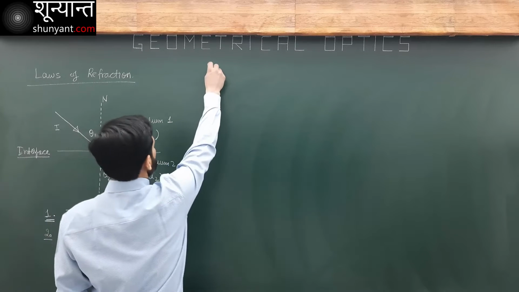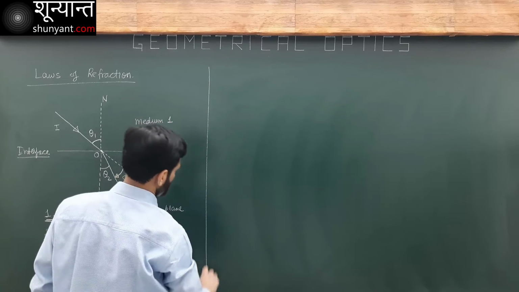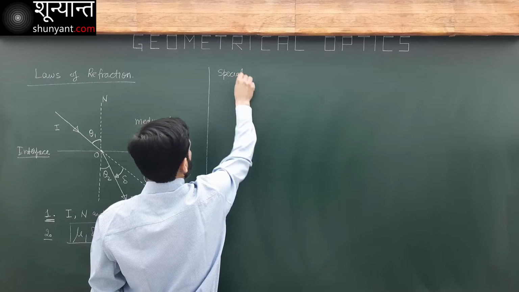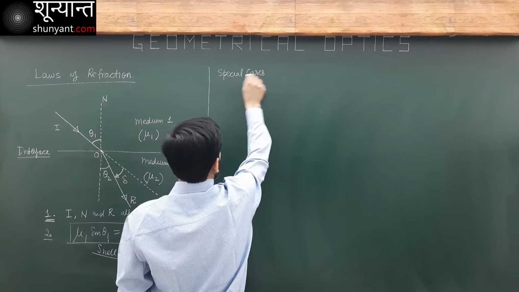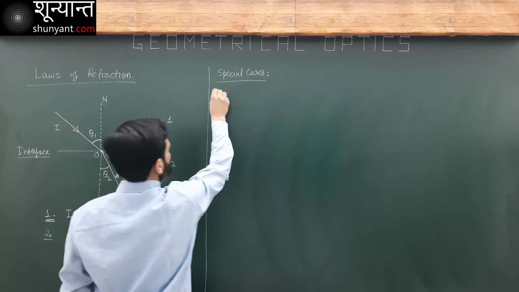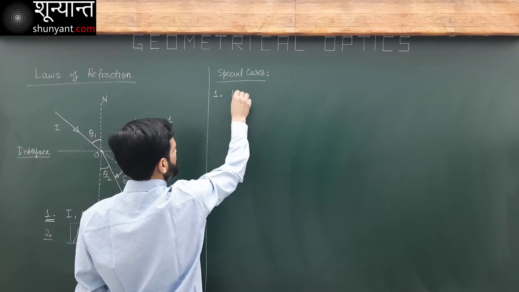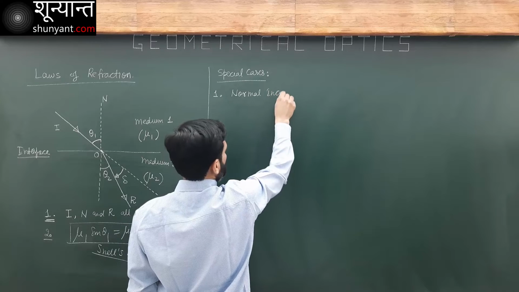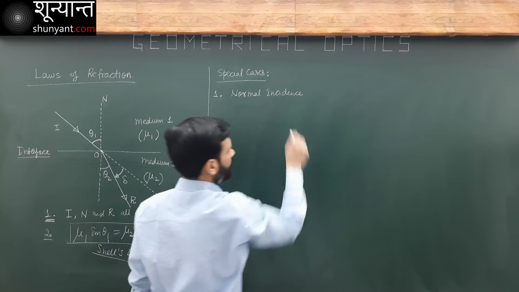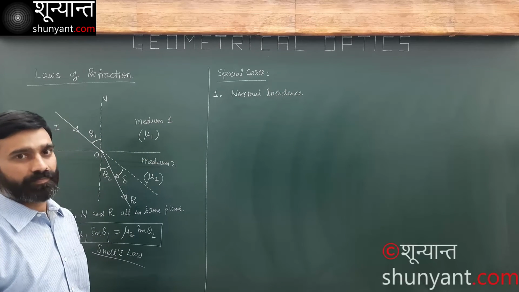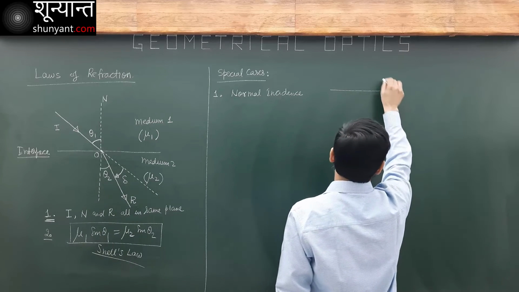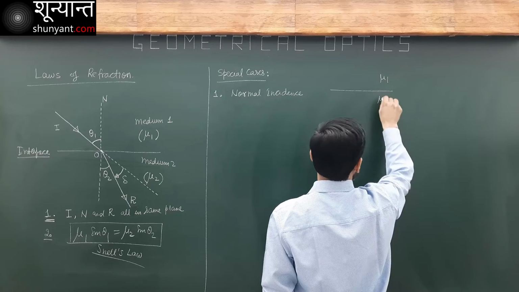Now there are some special cases. The first special case is normal incidence. Now I have two mediums, mu1 and mu2.